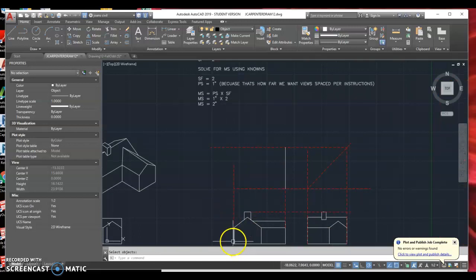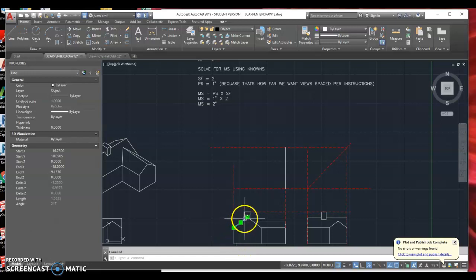Let's work on this. So this is a peaked roof. I have the heights, and it has two heights, and it has an overall length that's the horizontal component here.